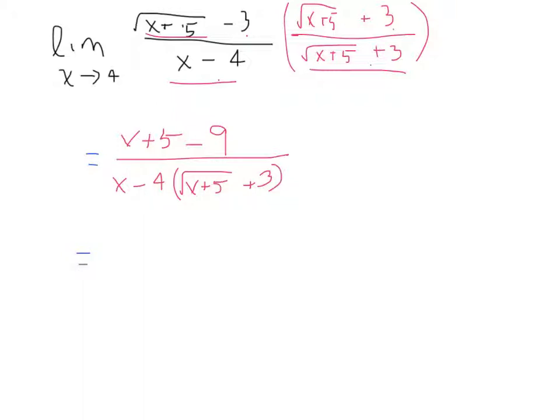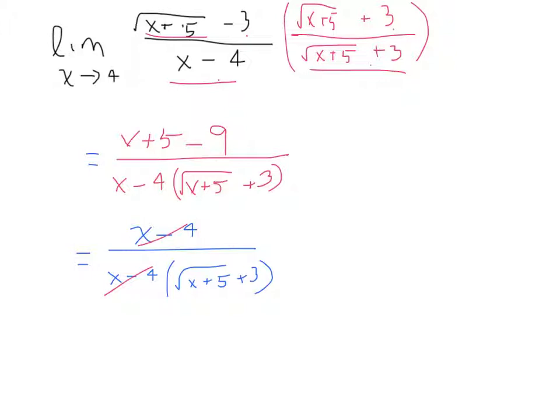Now we're going to simplify, and the top is going to become an x minus 4, and the bottom is x minus 4 times radical x plus 5 plus 3. Not all the time, but a lot of the time, you'll see the numerator and denominator be the same. Sometimes there might be a factor of 2 or 5 or some number.